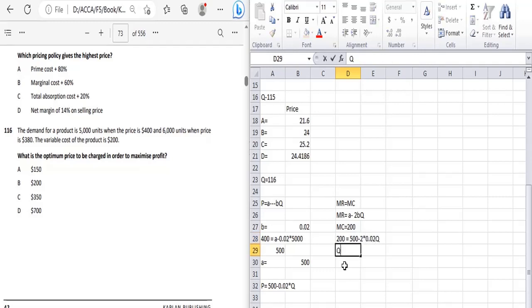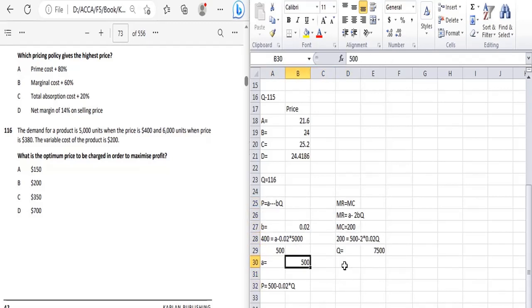So we can calculate Q equals 500 minus 200 divided by 0.04. So we got Q as 7500. Now we put this value in our original demand equation.